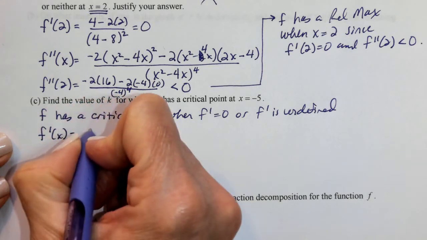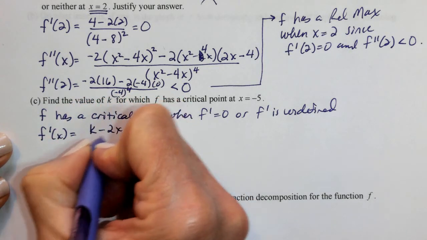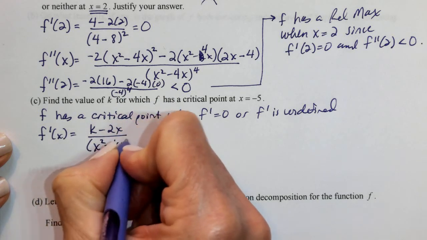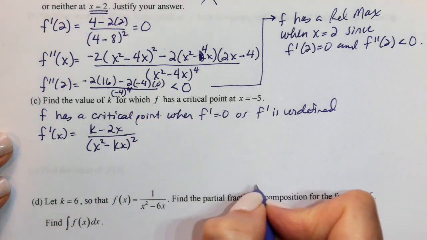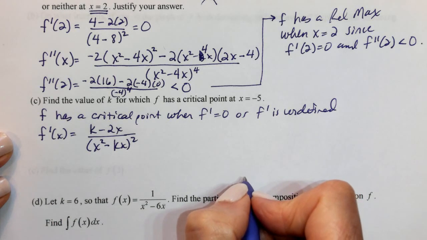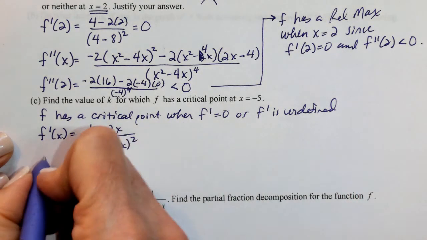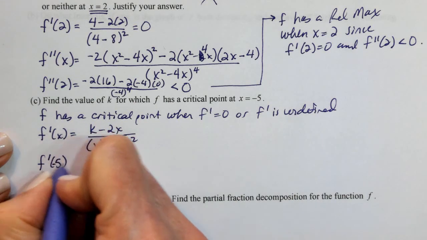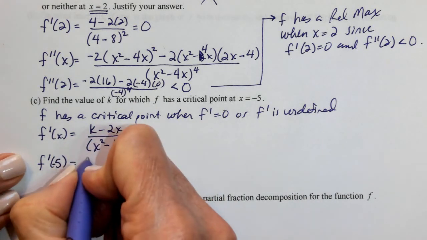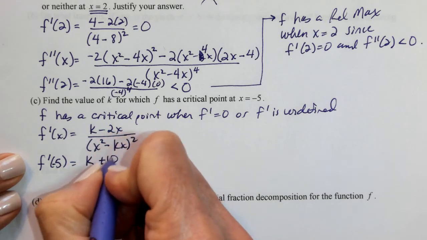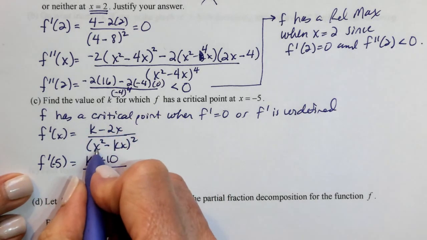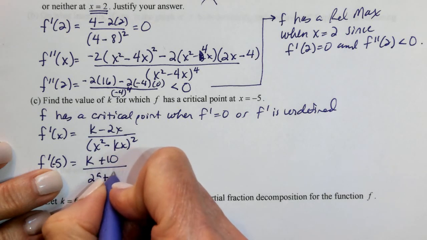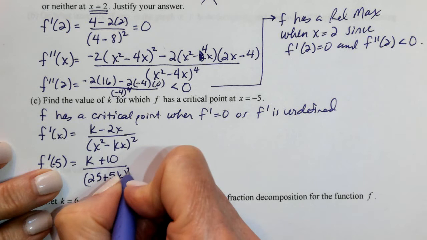of x, I'm going to write this down again so I don't have to keep sliding it up. That's f prime of x. Okay? So f prime at negative 5 would be k plus 10 over 25 plus 5k squared.